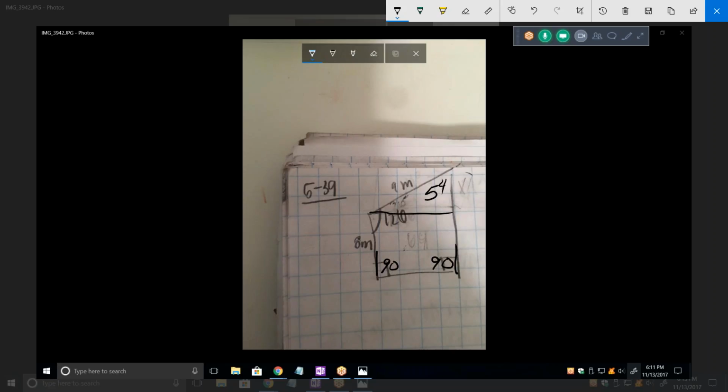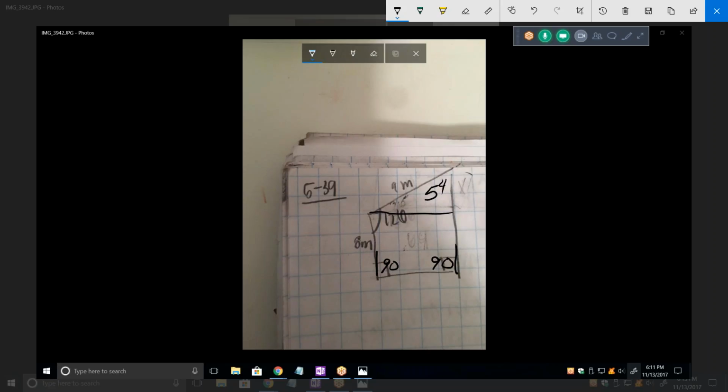So I can do two things. I can break it up into a triangle and a rectangle, which is what I have done. Now, they're missing a measurement here. No, they're not.